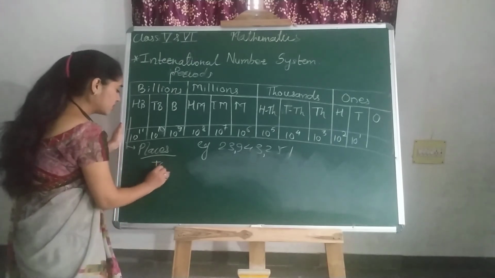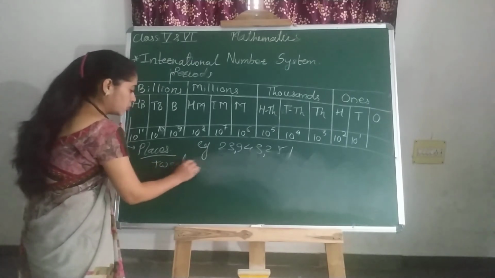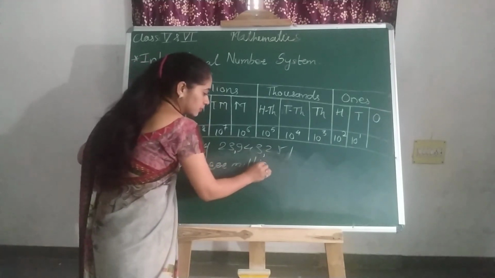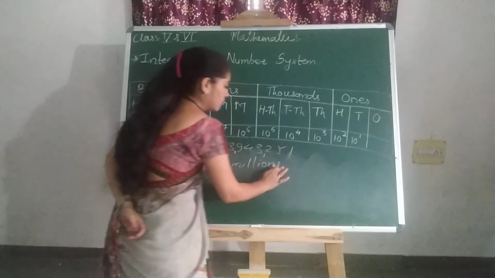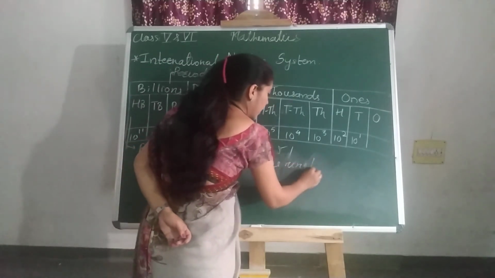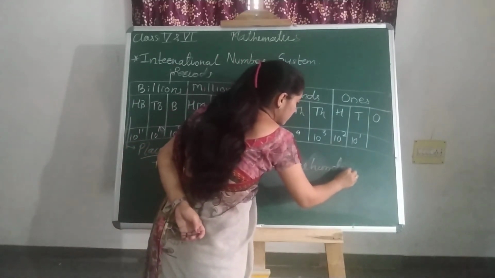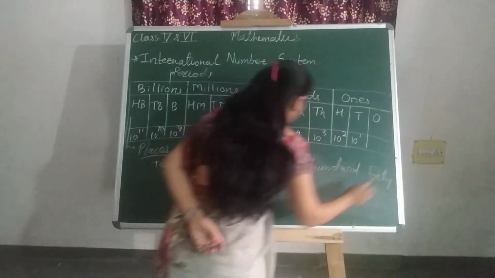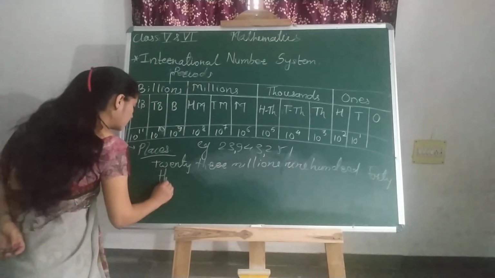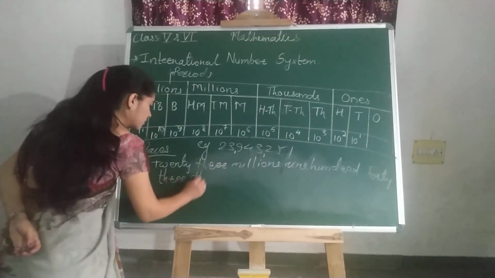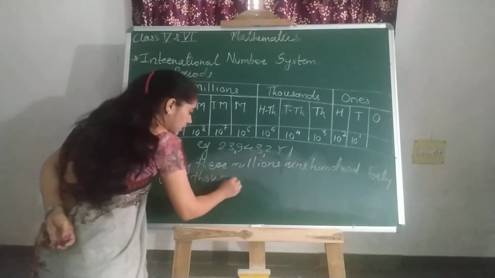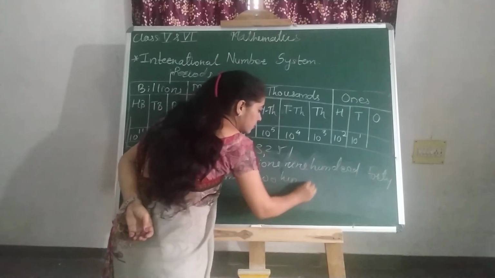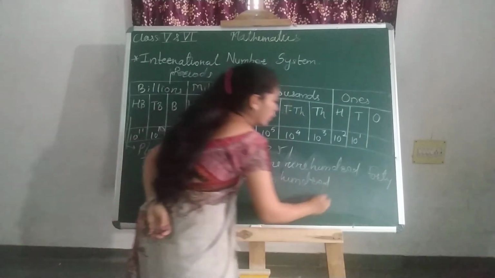This will be written as 23 millions 943 thousands 251.